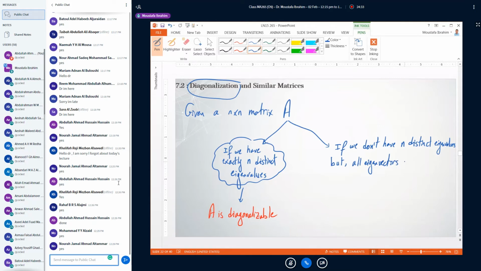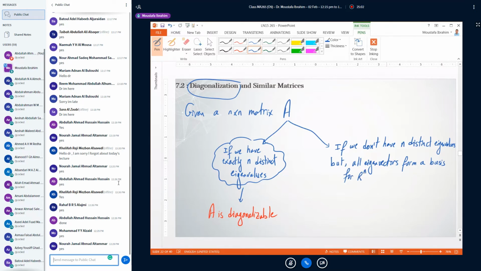If all eigenvectors are linearly independent, or if you want, all eigenvectors form a basis for Rn, because here we have n.